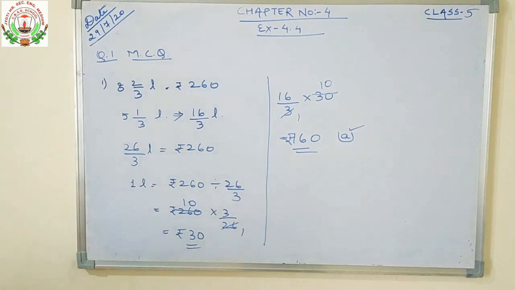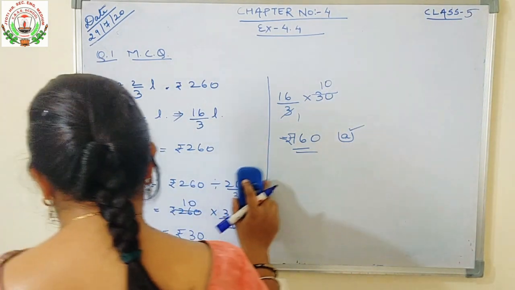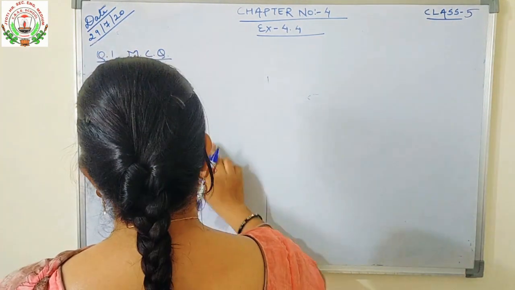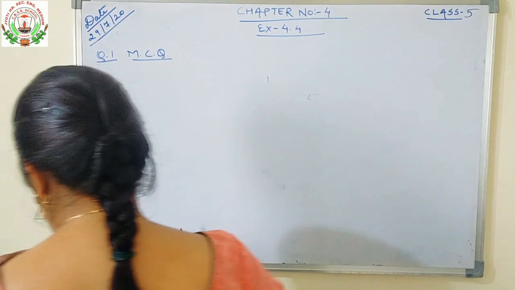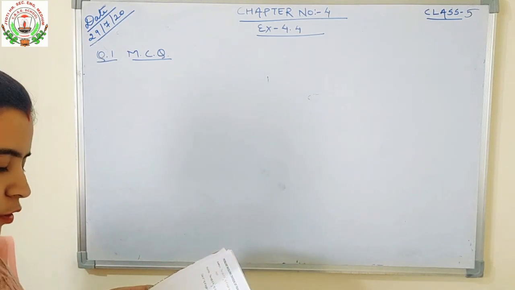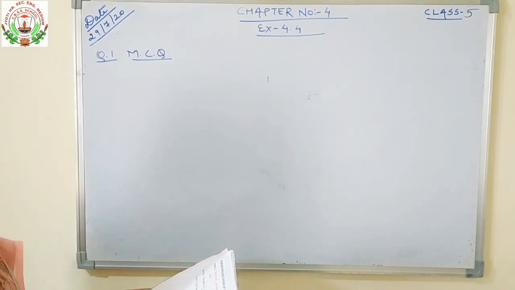Now the next one is the expression of 4 rupees 50 paisa as a fraction of rupees 27.